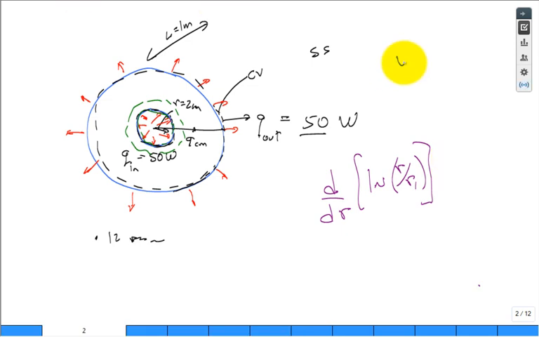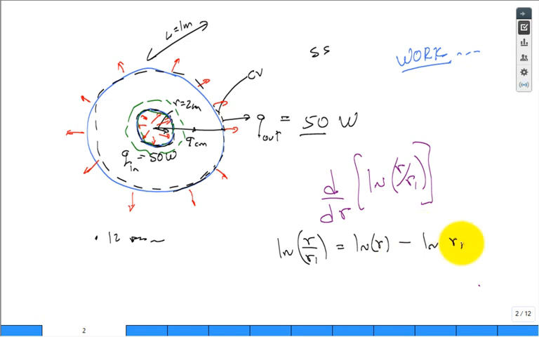So when you see that term, sometimes you have to go and refresh your memory, and that's what we're doing here. Somebody, can you remember what is the natural log of r divided by r1? Is that the natural log of r minus the natural log of r1? All right.